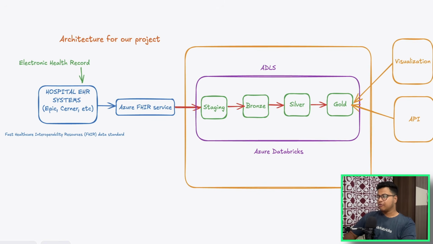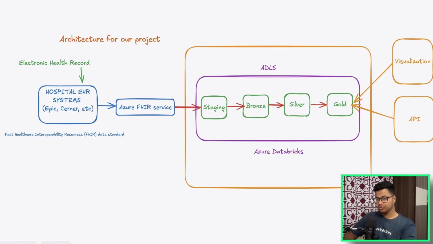Then you'll have all the bronze, silver, gold, that will stay in ADLS, right? ADLS bucket, and we'll be using Azure Databricks to do all this stuff. So I'll not talk about here where we calculate the dimension, where we calculate the facts.